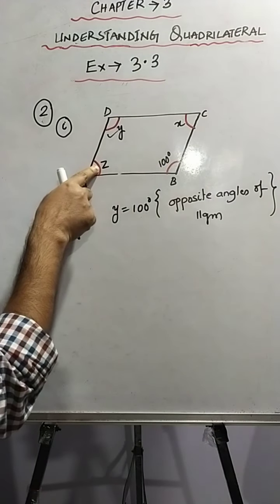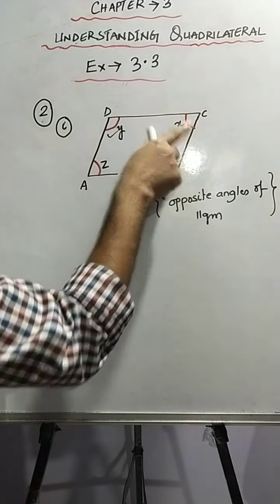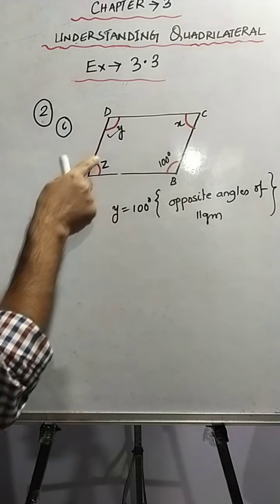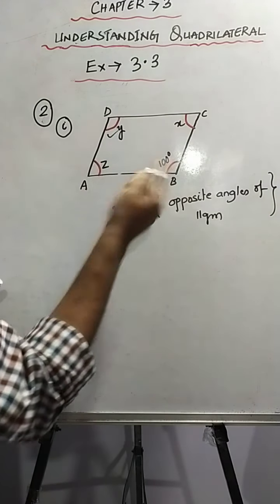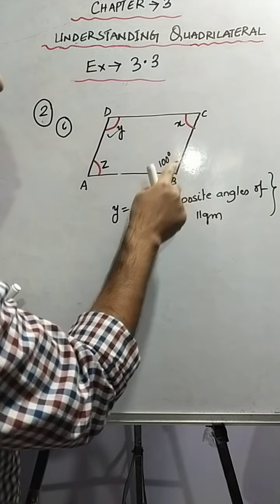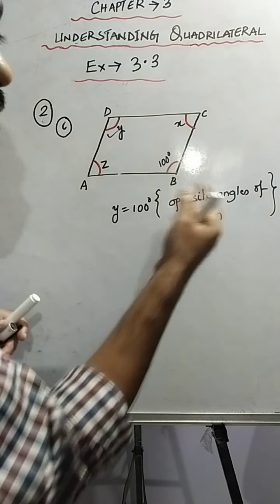Now we have to find z and x. Carefully observe this. y and x are adjacent to each other, and similarly y and z are both adjacent to each other. You can even say that x and 100, and z and 100 are adjacent to each other.